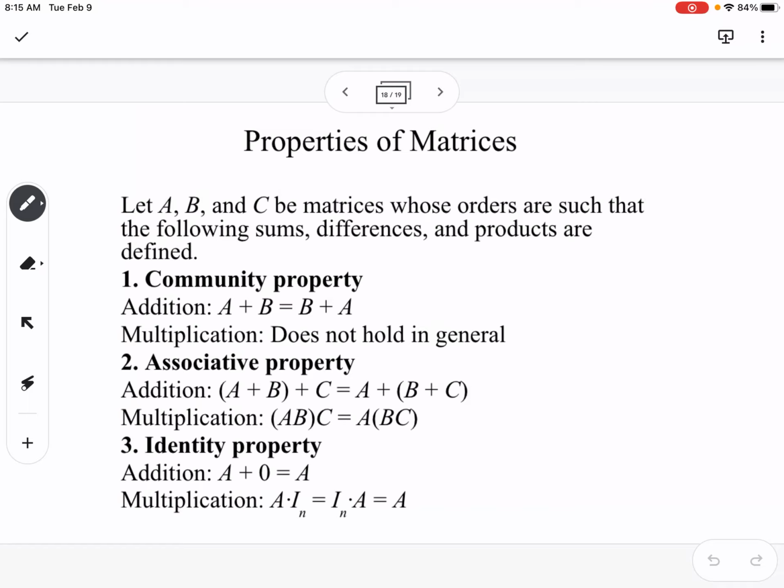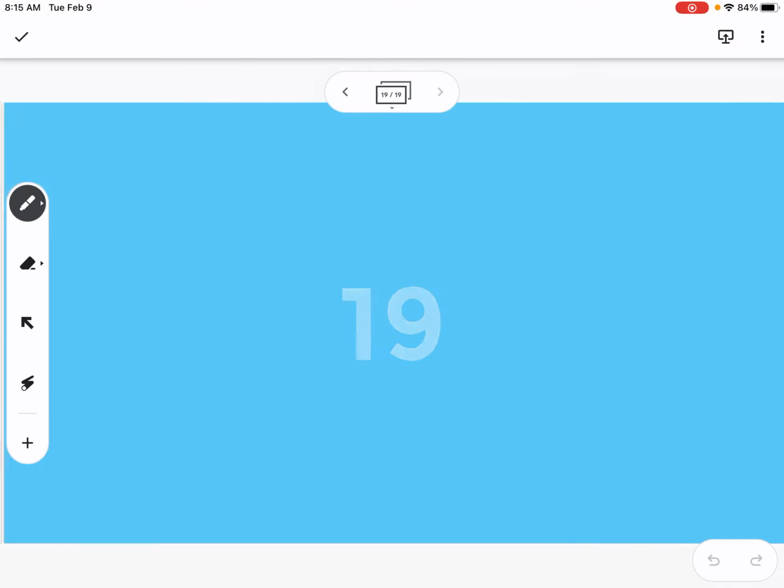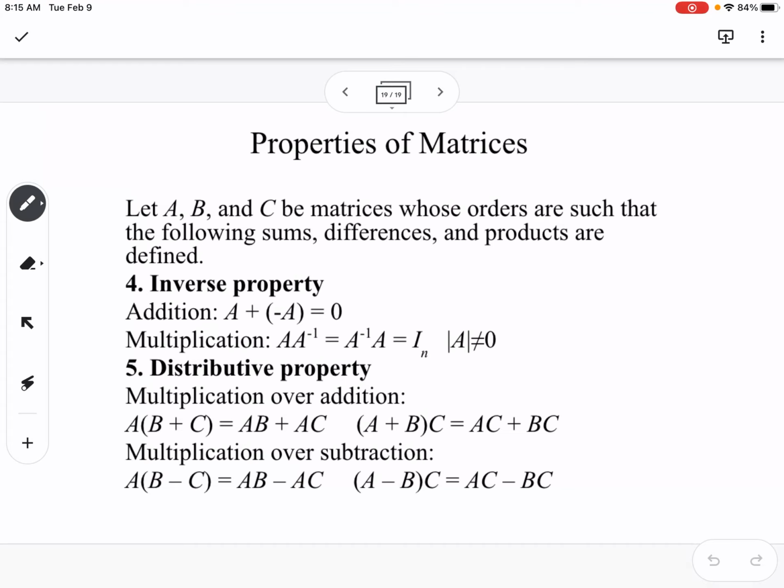Okay, you can see the associative property, identity property, then we have the inverse property and distributive property. I did not write these in the notes, but I did include them in the video, so if you want to pause them around, you can. But it's more just being aware of how we can add, subtract, and multiply matrices. Okay?